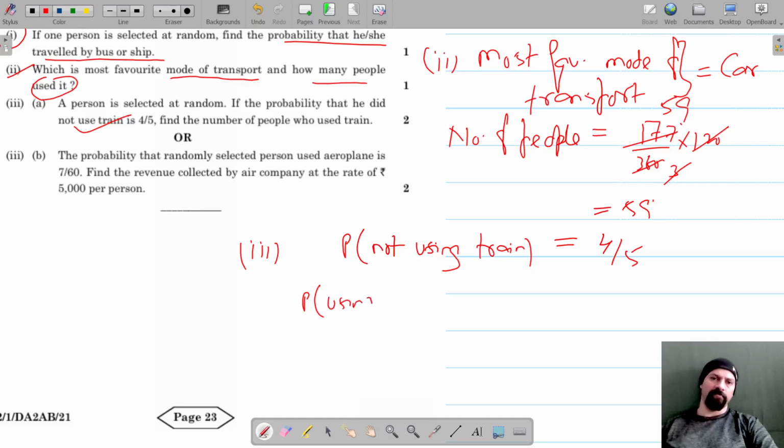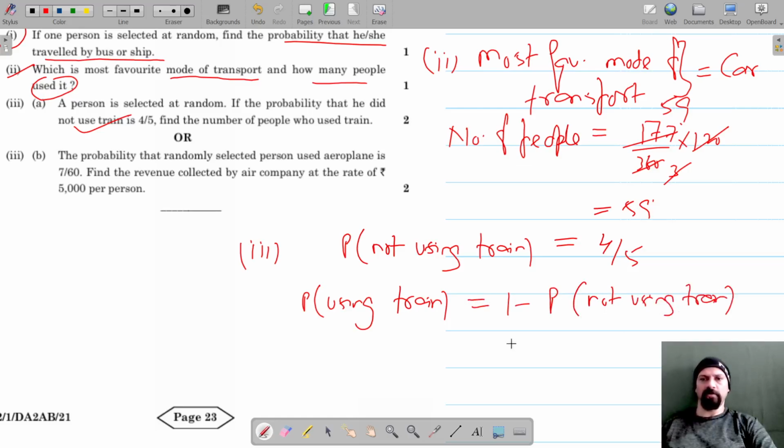So this is equal to 1 minus the probability of not using train, which is 1 minus 4 by 5, equal to 1 by 5. So 1 by 5 is the probability of using the train.